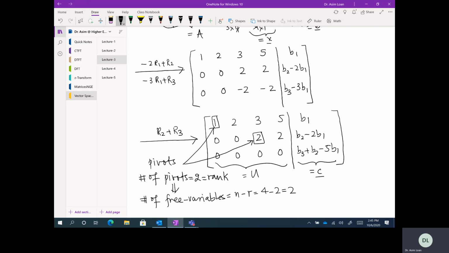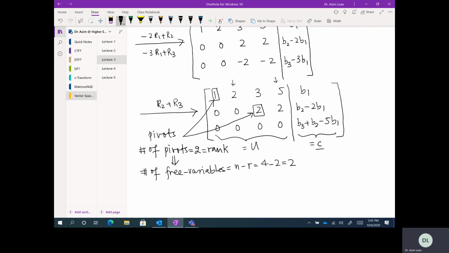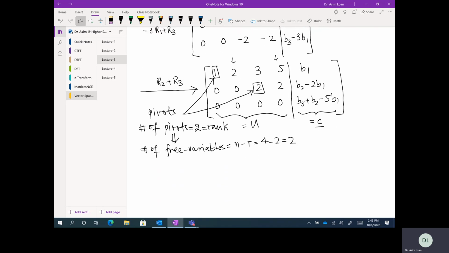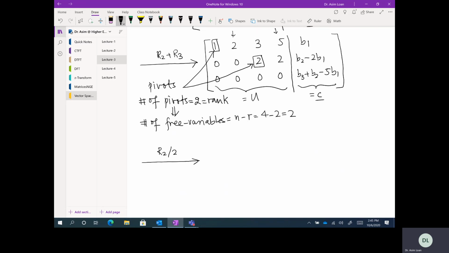So there are two free variables, obviously corresponding to this column and corresponding to this column. And let's find those. I can divide R2 first. So I divide R2 by 2, and then I will add it to row 1. So 0, 0, 1, 1.